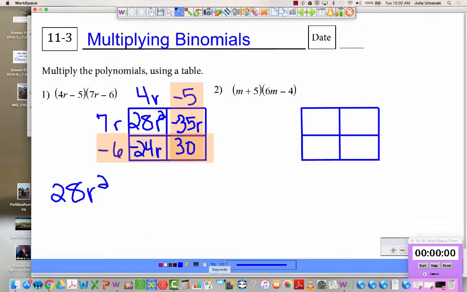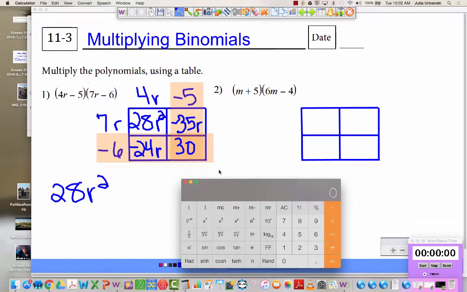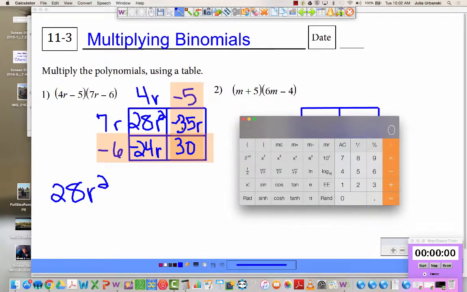Now, what's the next highest? Just the R, -24R and -35R. They are like terms, so we have to combine them. And we have a -24, and we're going to add to that. Is that the plus sign? Right, but I'm going to add, and then I'm going to keep the same sign.